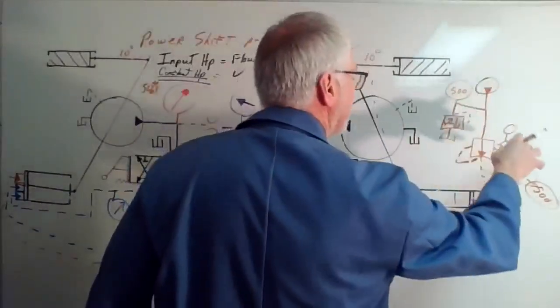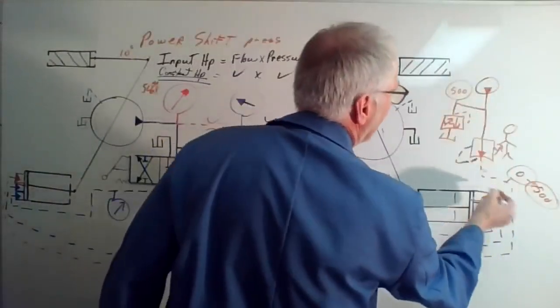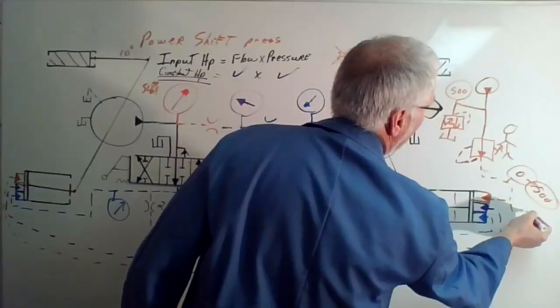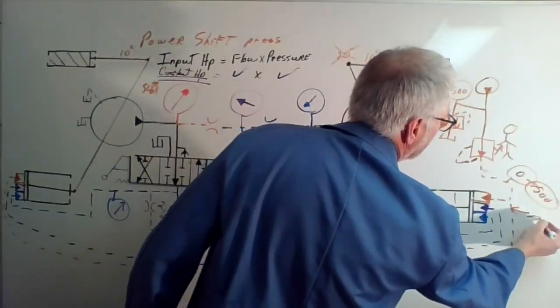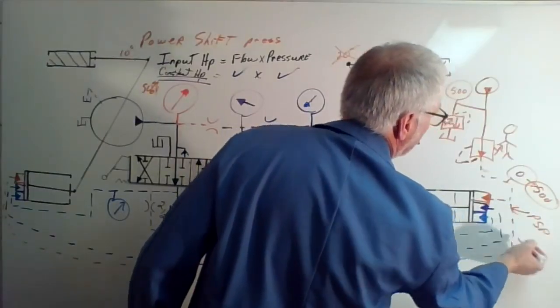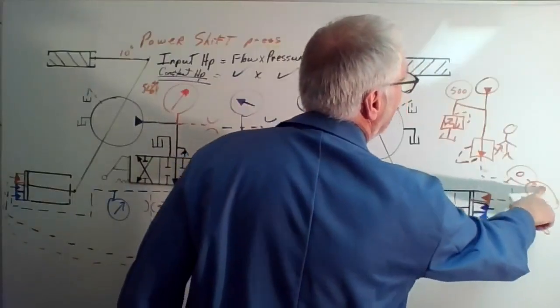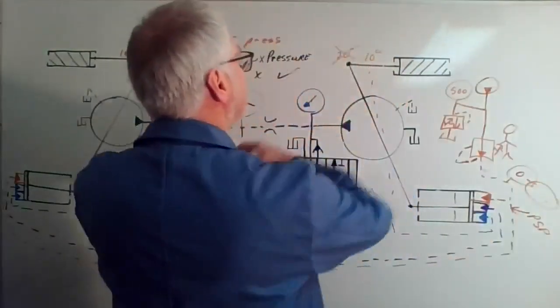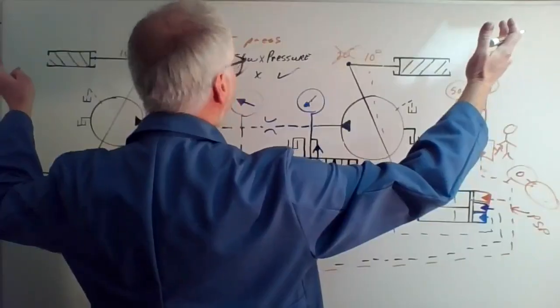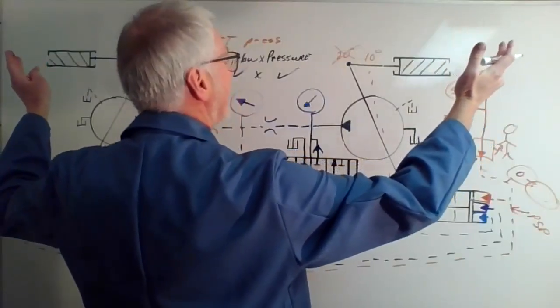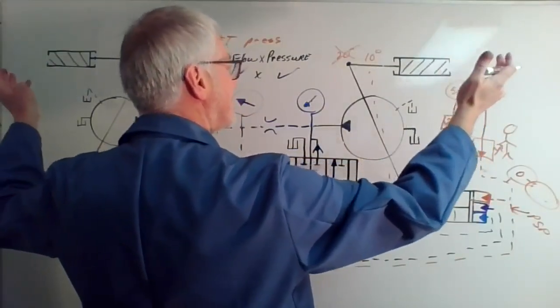Well, let's use that control, and we're now going to have something called power shift pressure. So this is power shift pressure, which no longer is pilot, it's infinitely variable. It could be 0, which means the pumps go to town, they produce right up to that 100 horsepower, whatever the maximum engineered is.